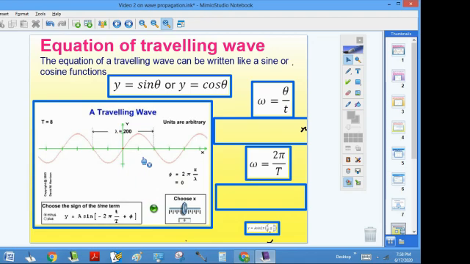In most of our graphs, as we proceed, we are going to have this angular frequency in the representation of the wave graph or wave function. That is coming from this. When you cross multiply, you see that theta is equal to wt.